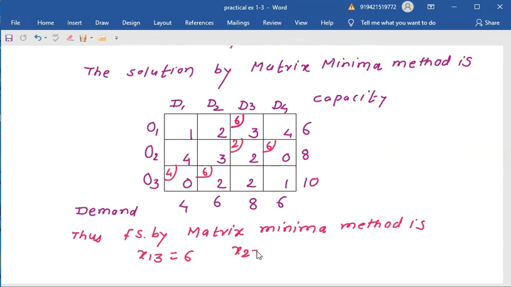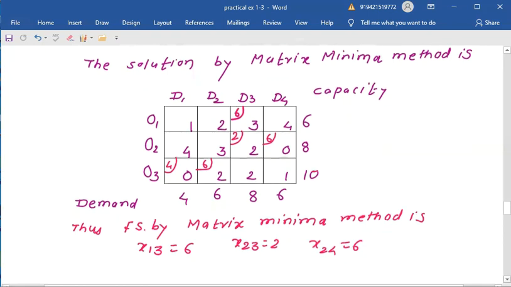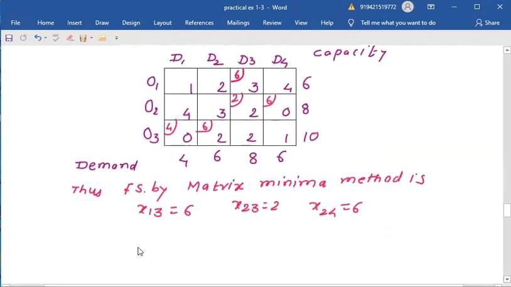Then x23 is equal to 2, x24 equal to 6, x31 is equal to 4, x32 equal to 6. So there are 5 positive allocations in the solution.